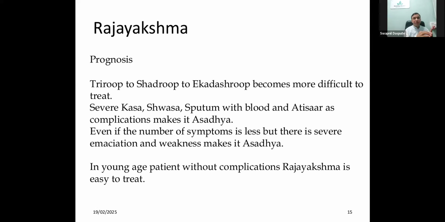But we know that first is digestion, then is Sara Kitta Vibhajan, and Sara Bhag goes to the formation of dhatus, and Kitta Bhag goes to the Mala. It will go to Purisha, Sweda, and Mutra.